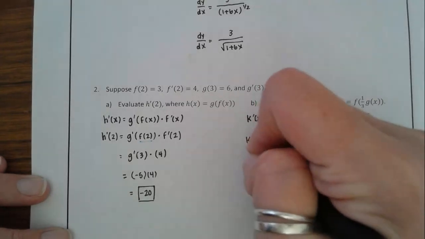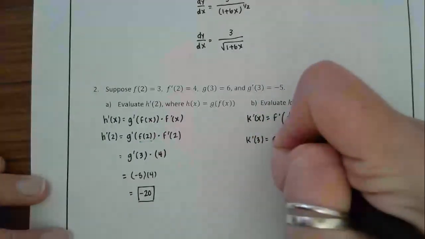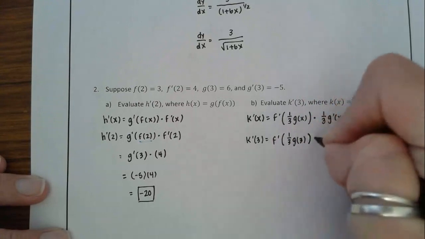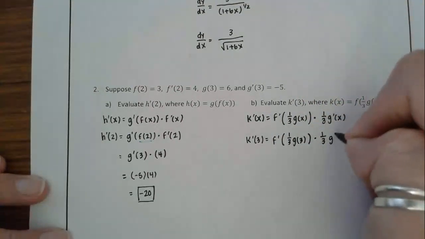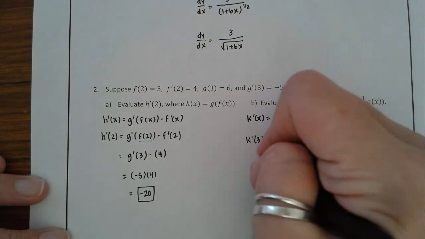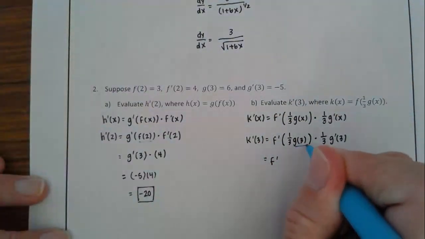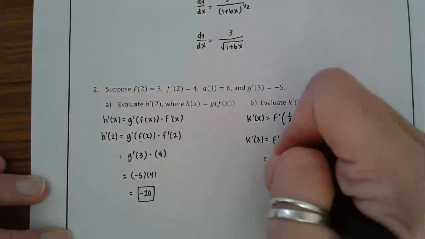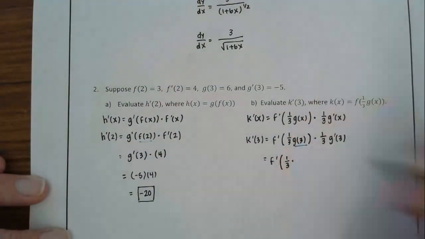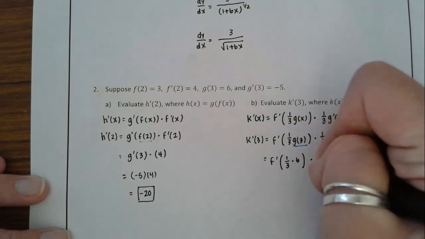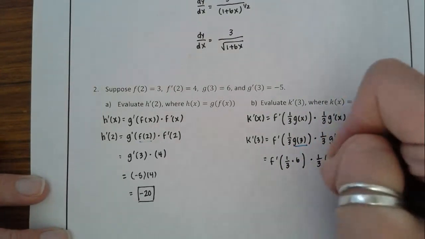So k prime of 3 is asking me to do f prime of 1/3 g of 3 times 1/3 g prime of 3. So first thing I'm going to evaluate in here is what g of 3 is. And I'm going to end up multiplying that by 1/3. So g of 3 is 6 times 1/3, g prime of 3 is negative 5.